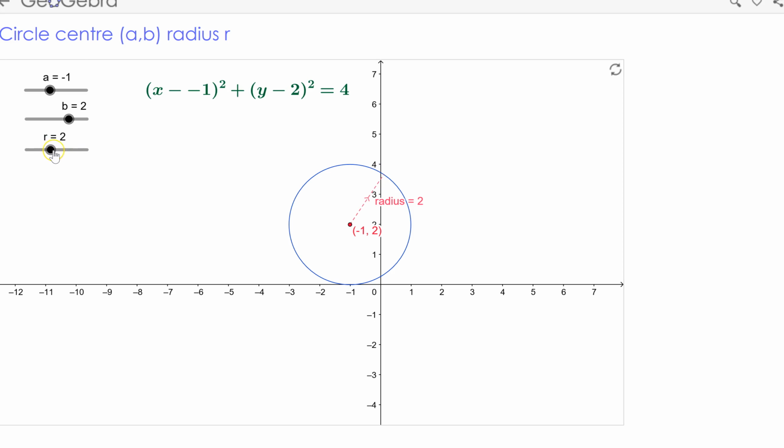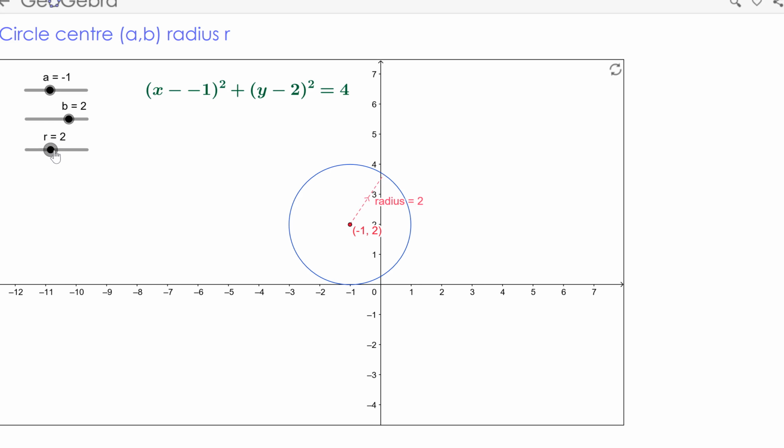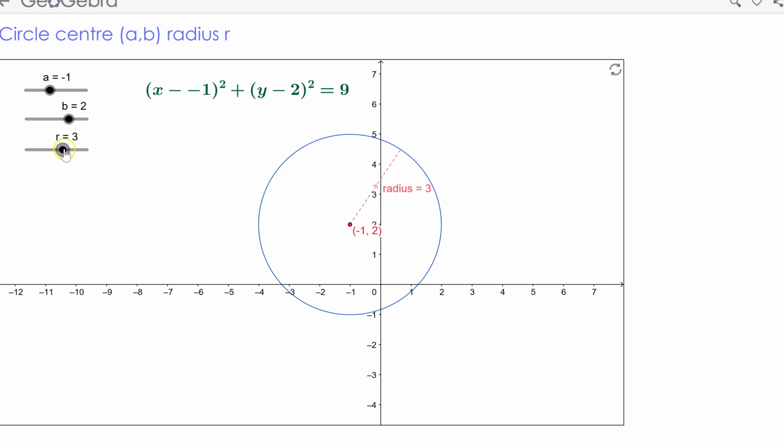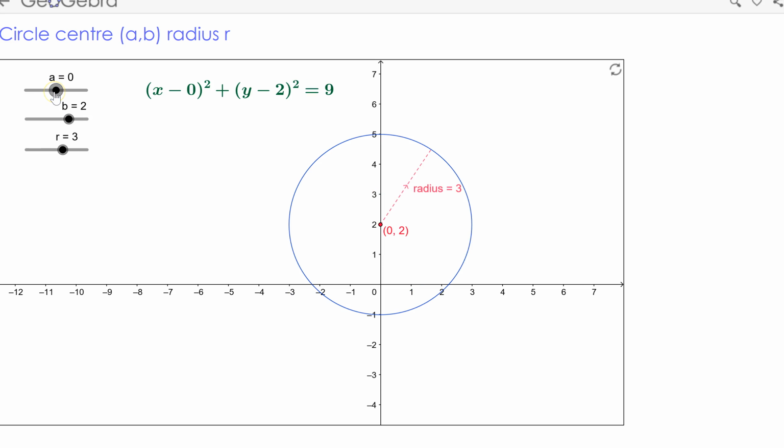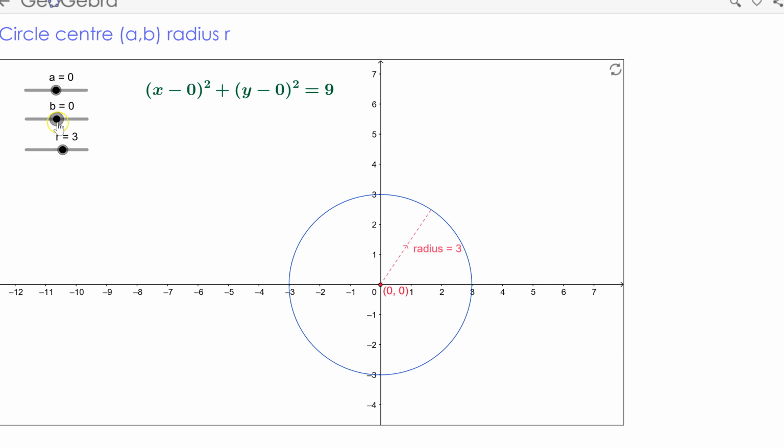Now, if I just do the obvious, if I increase the radius, then the circle gets bigger, as we'd expect. And if I move a so that it has the value 0, and b has the value 0, then that's my circle centred on the origin, and in this case of radius 3.